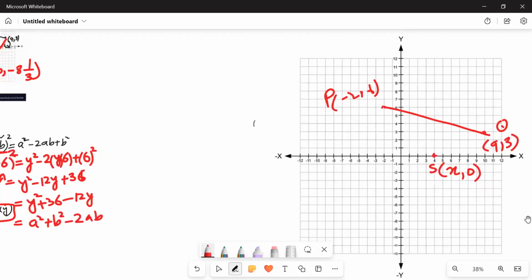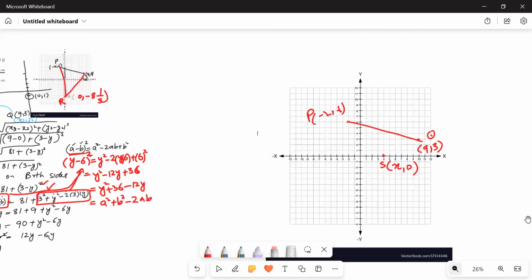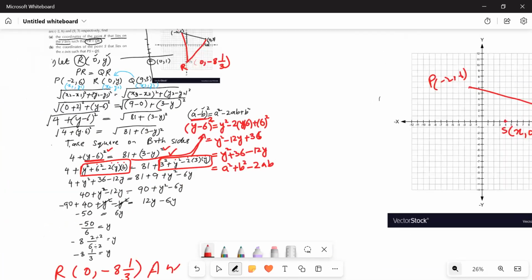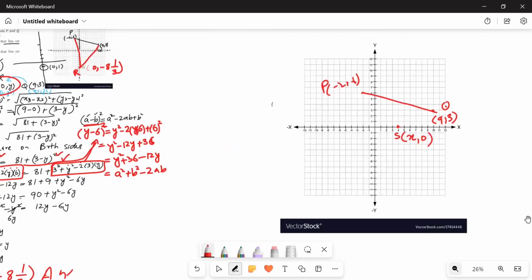Likewise, we did it in the previous part. Because they mentioned that point is on the y-axis, but now they mentioned this S point is on the x-axis. So for the x-axis, its x coordinate is x, but the y coordinate is 0.